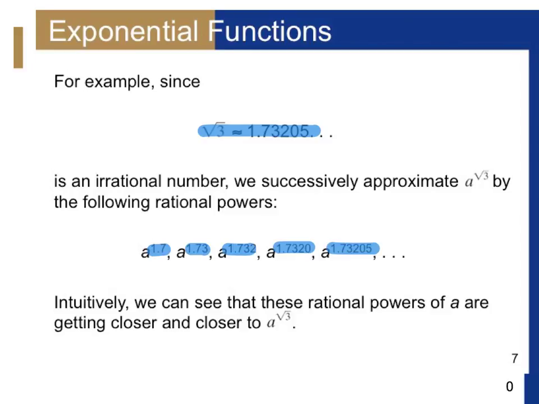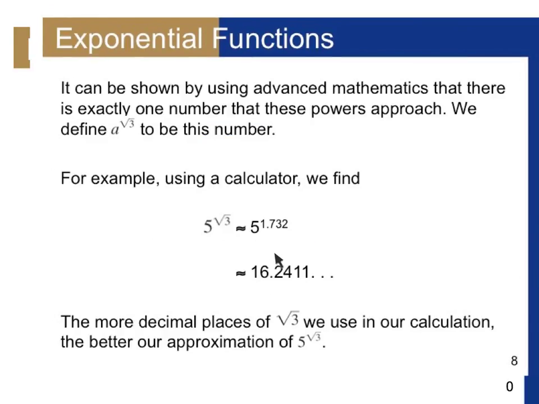So let's say we use 1.732 as our approximation for the square root of 3. Then, using a calculator, 5 to the square root of 3 is approximately 5 to the 1.732 power, which is 16.24.